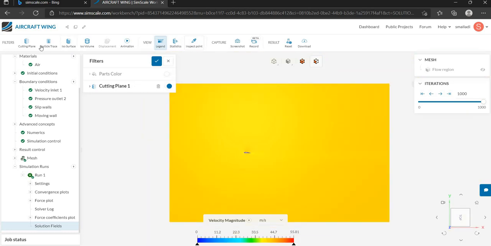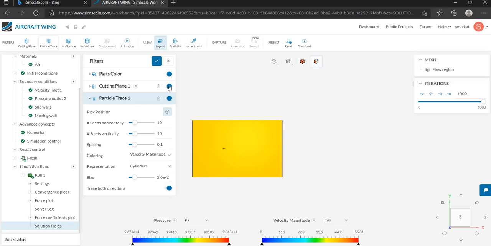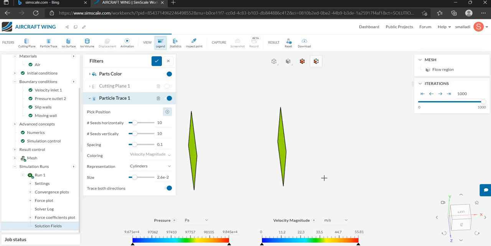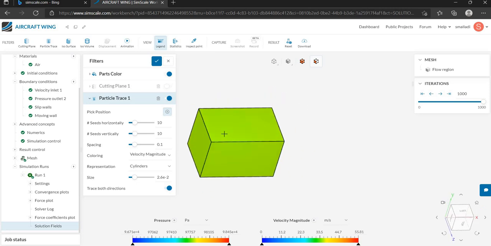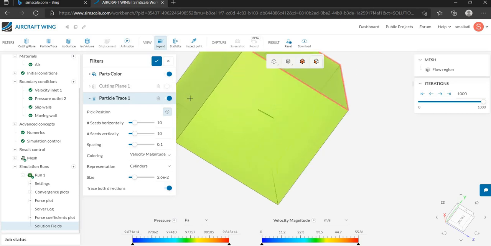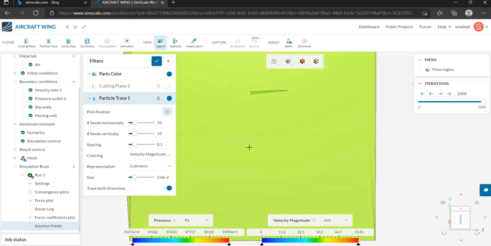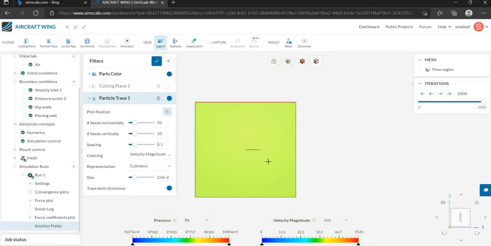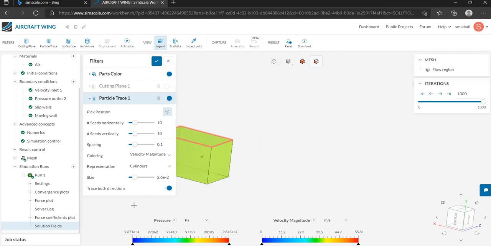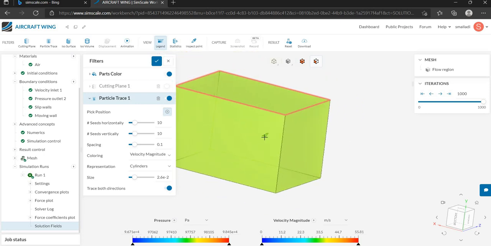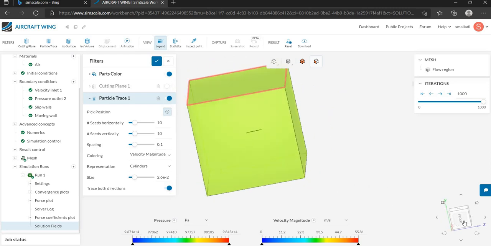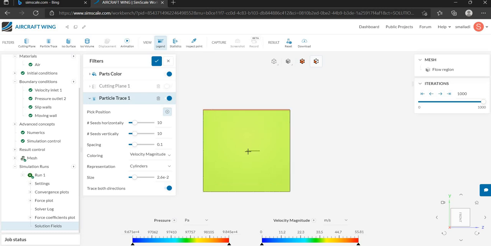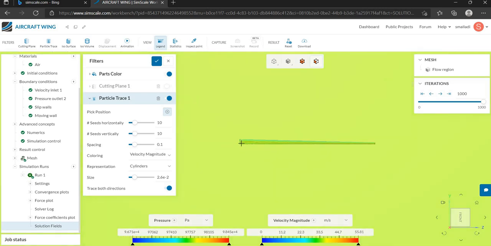For that, go to particle trace, disable cutting plane, hide the domain, select translucent surfaces with wireframe, click here.